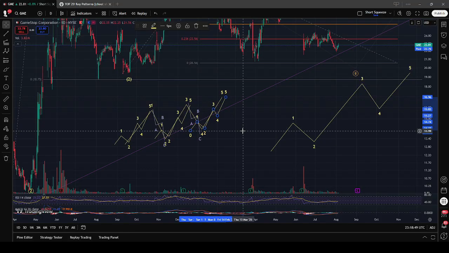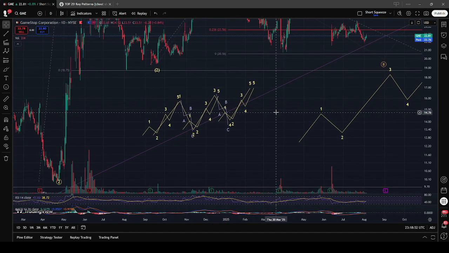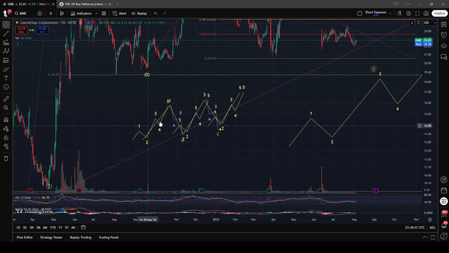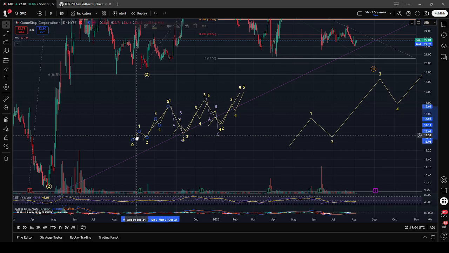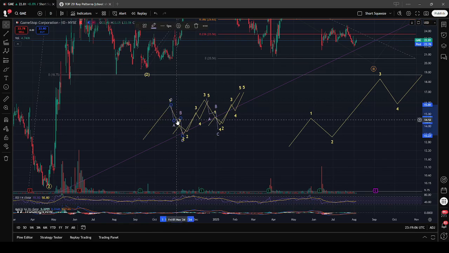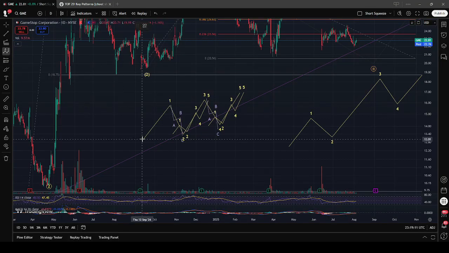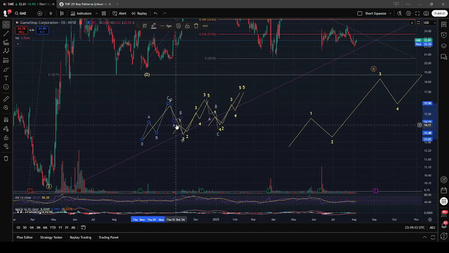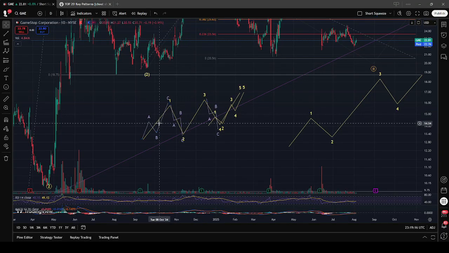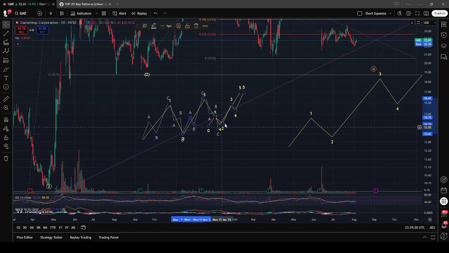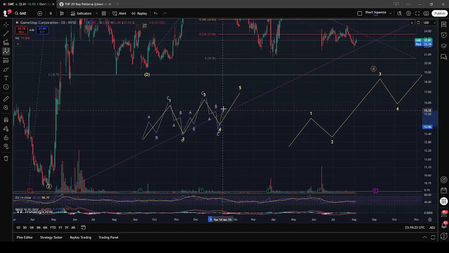However, what makes diagonals so complicated is that there is no defined wave count, because it can also be counted as ABC, ABC, ABC.